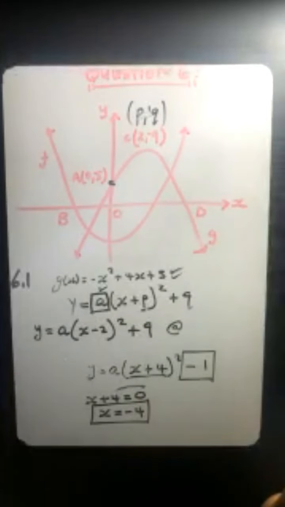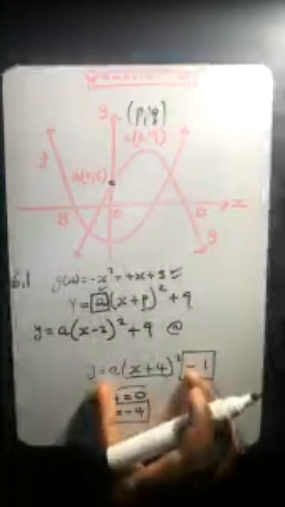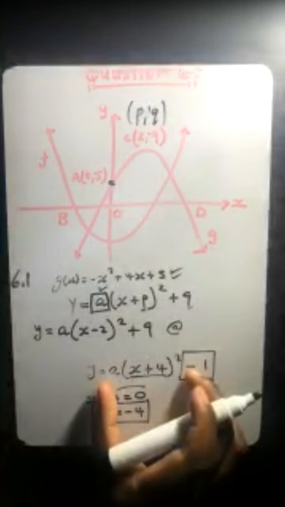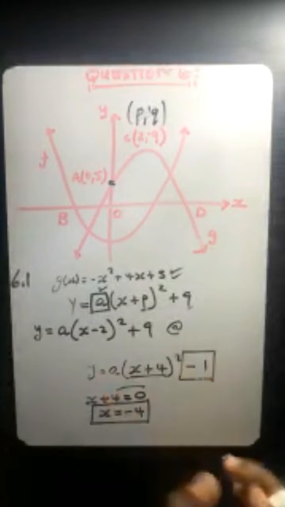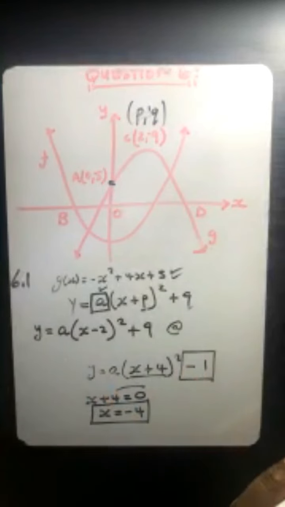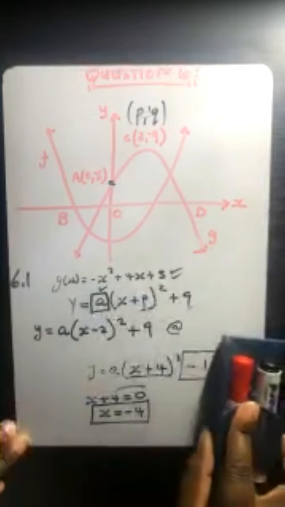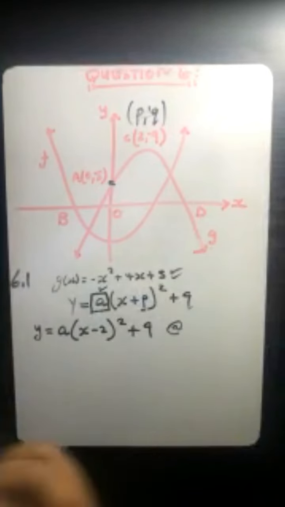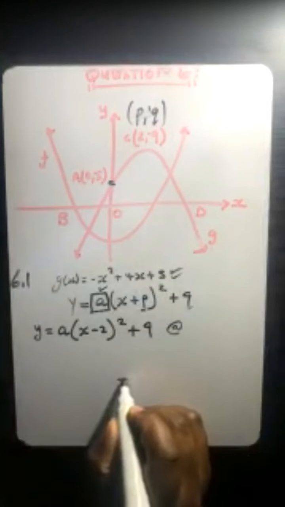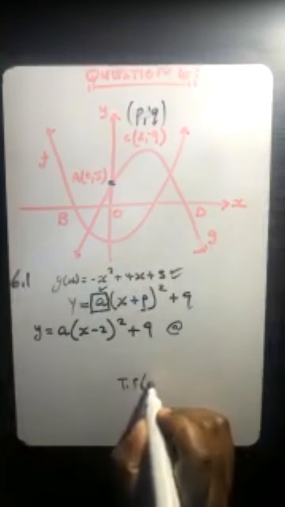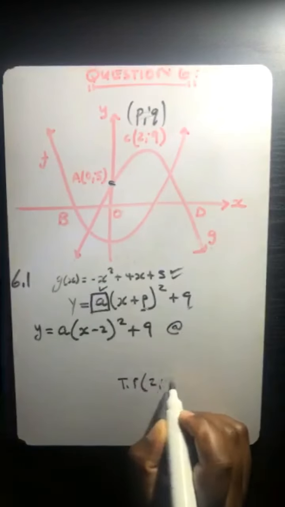So this is the process that you follow when you are given an equation and they say give the values of the turning point. So in that case, we are given the values of the turning point, TP being equals to 2 and 9.